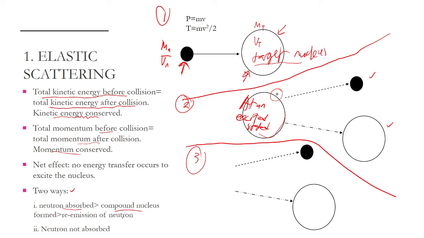The second way occurs without the absorption of the neutron by the target nucleus. It's just like the interaction between two balls in a billiard game. After the collision, the neutron is scattered in one direction and the target nucleus is scattered towards another direction.